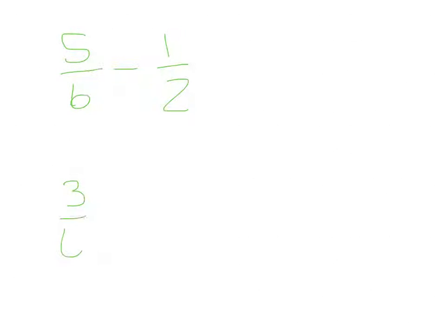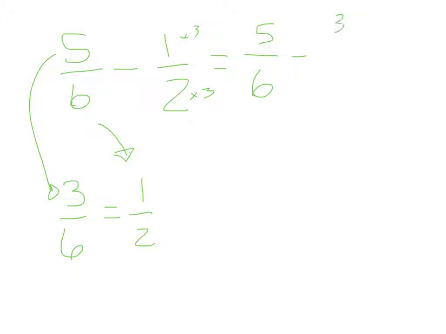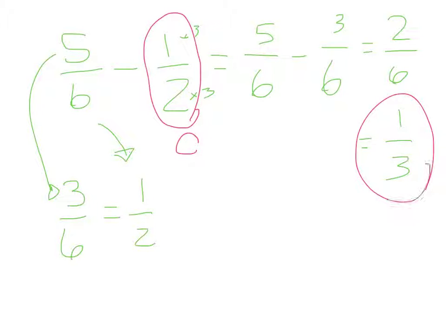My justification here is that 5/6 is greater than 1/2, since the 5 is greater than the 3 when I look at their common denominators. So if I subtract this out, I have 5/6 minus 3/6, which equals 2/6, which equals 1/3. So now I conveniently know I've used a 1/2 cup measure, a 1/3 measuring cup, and the 2 from before. It was a whole 2 at the beginning.